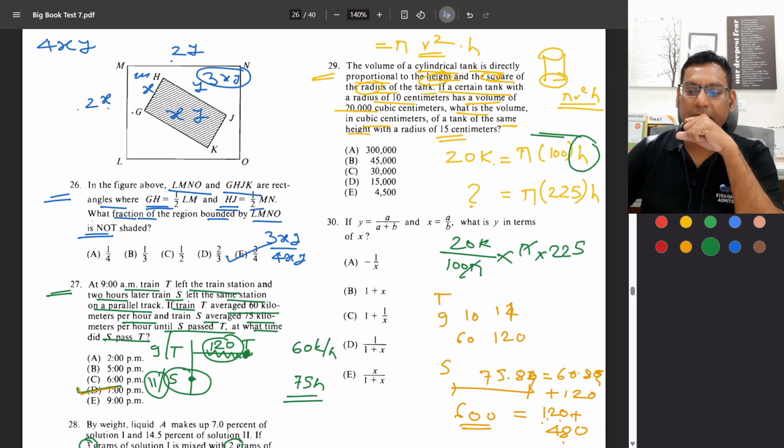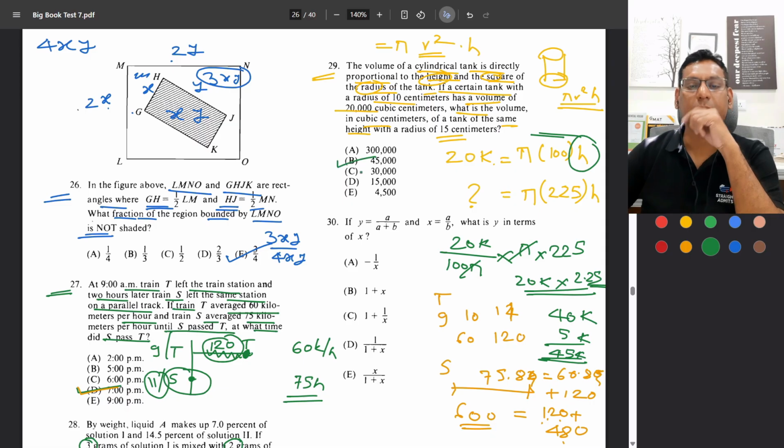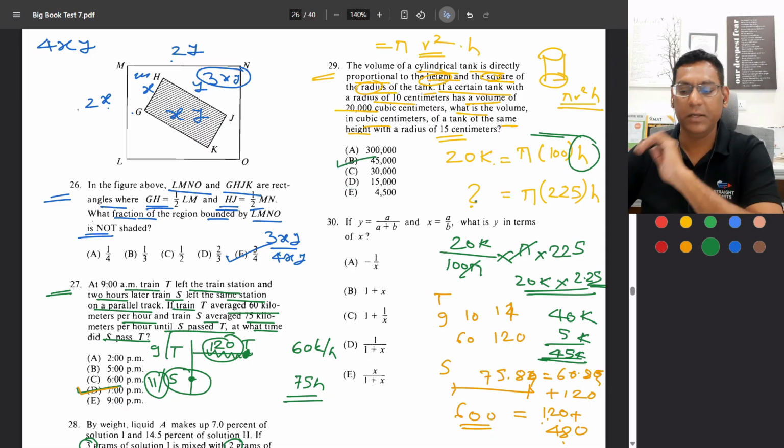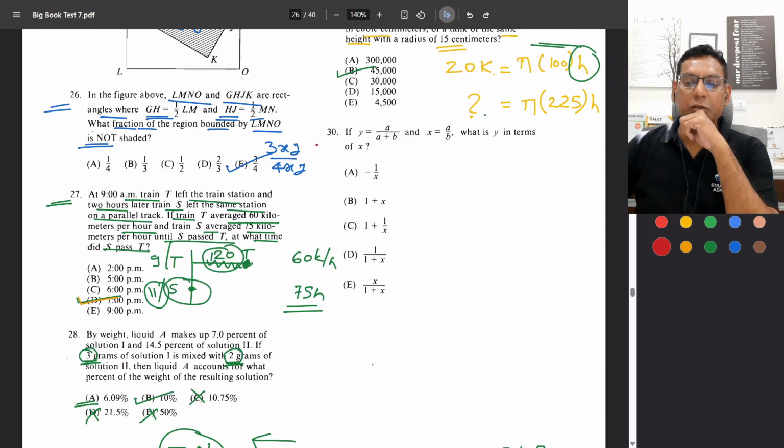Pi gets cancelled, so I get 20k into 2.25. That is 40k and 1/4 of that, which is 5k more, so 45k. 45k is answer choice B. Fairly straightforward. Let's look at question 30.